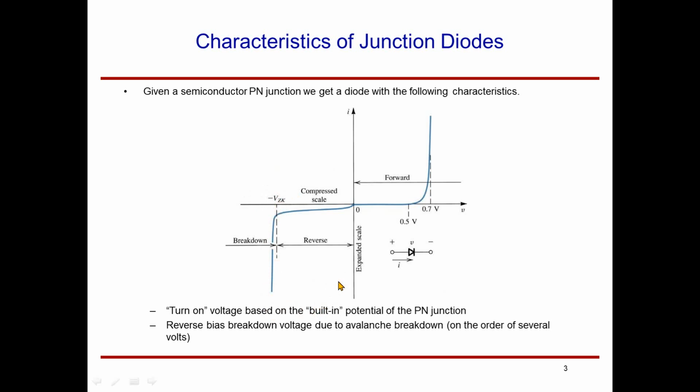So that is the characteristics of the PN junction diode under forward bias and reverse bias conditions as well. Under the forward bias condition, the diode acts like a closed switch, but under the reverse biased condition, the current is minus Is, that is, it's like an open switch, that is off.